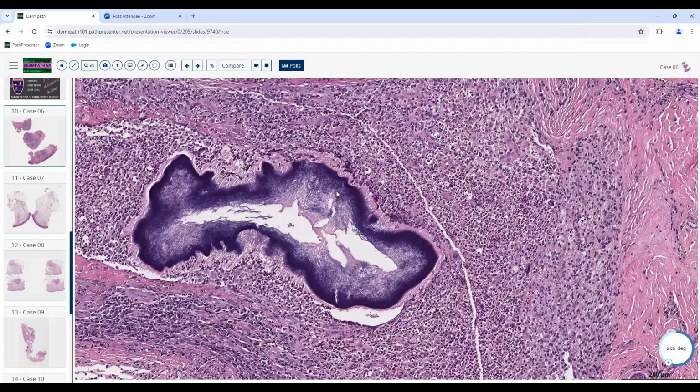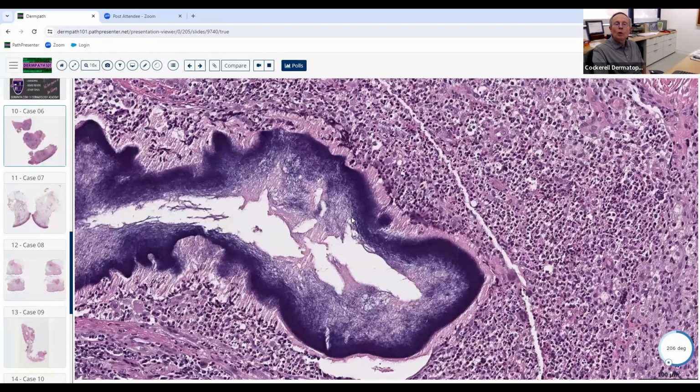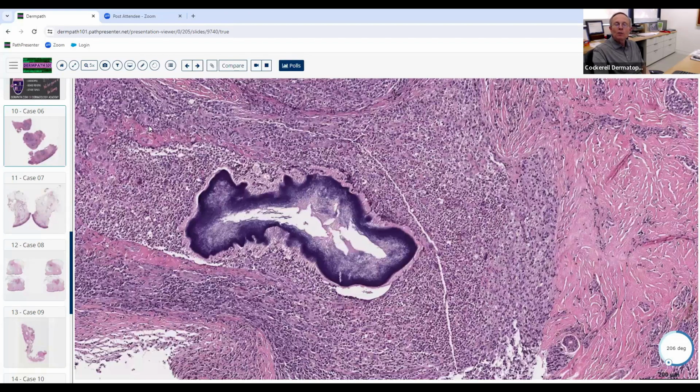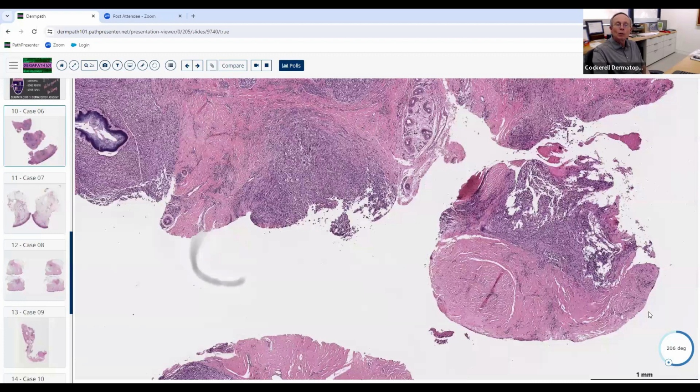Splendore-Hoeppli phenomenon can be seen in association with grains and infectious agents. Sometimes it can be seen even when there's not any infectious agent in there. So it's almost a reaction pattern of protein to degenerated collagen, often with organisms. So this is one of those good old show-you-this, expect-you-to-recognize-it situations, and then they're going to give you some choices here.